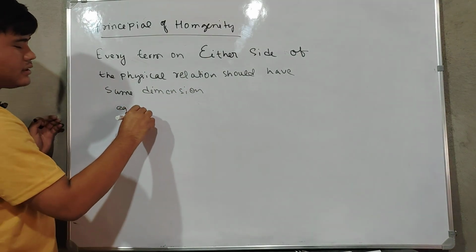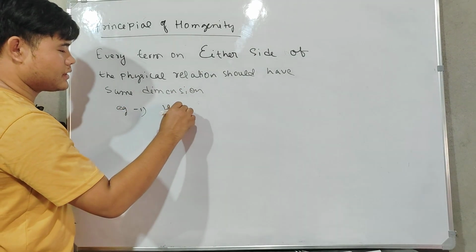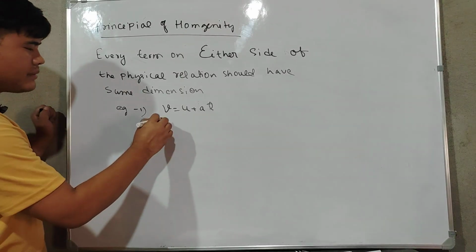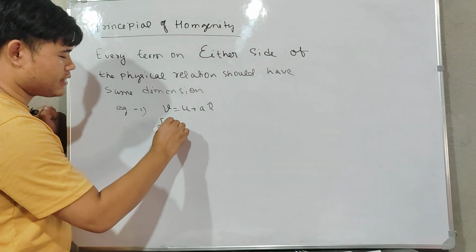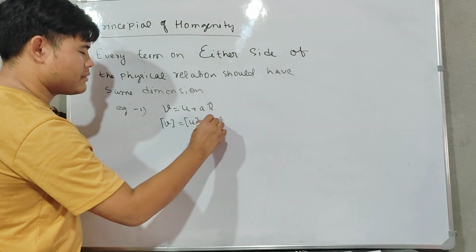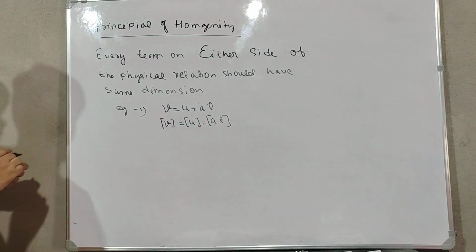Example: v = u + at. This formula we know. That means v should have the same dimension as u, and at will also have the same dimension as v and u, right?